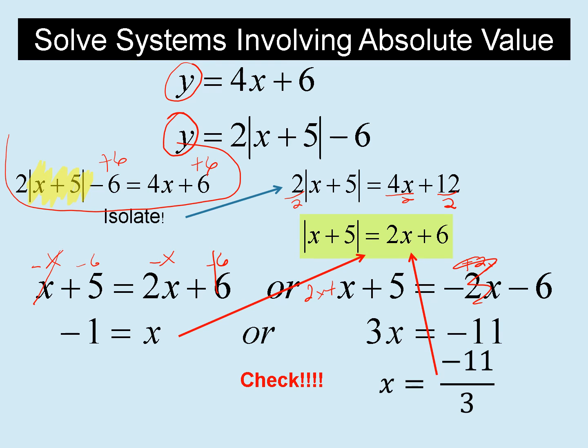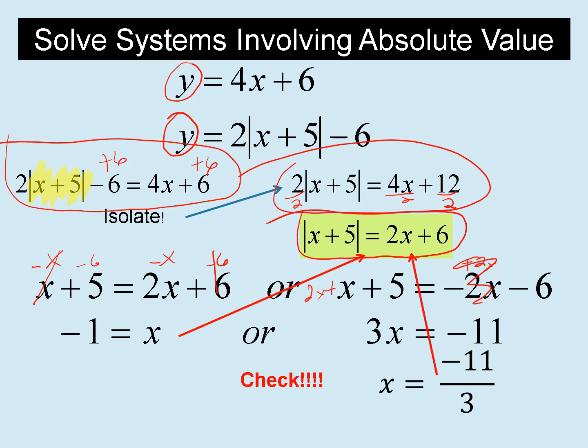You could plug it in here, here, or here. Again, it really doesn't matter as long as you check to make sure that it works in one version of the equation. So I find out that negative 11 over 3 doesn't work. So the only one that works is negative 1.